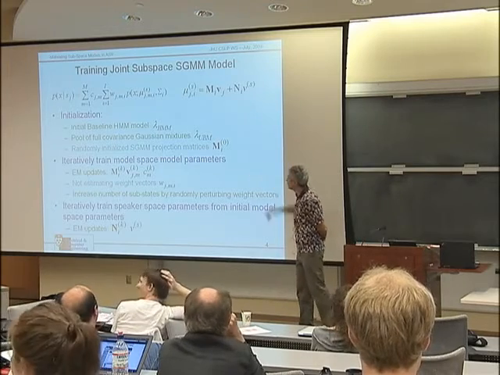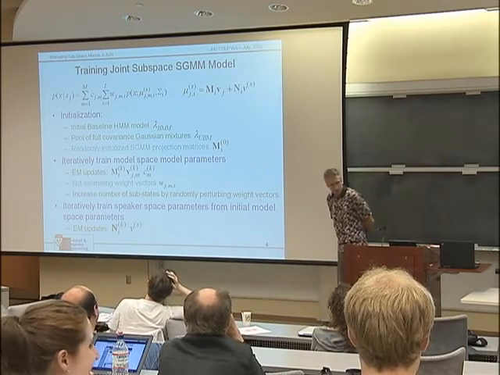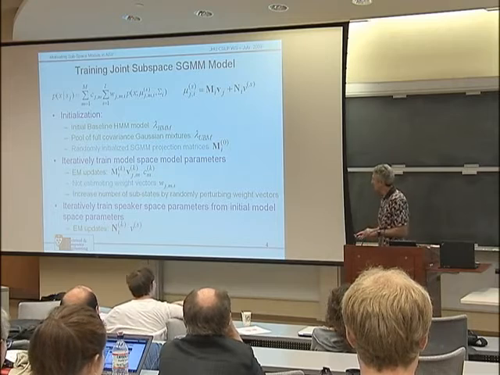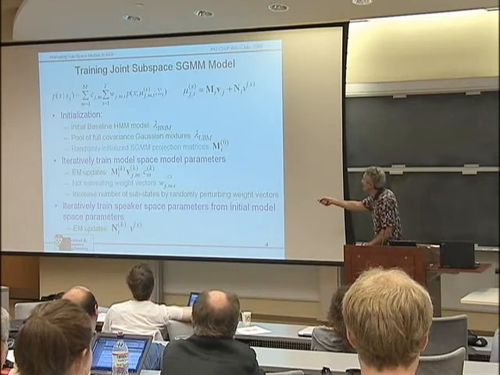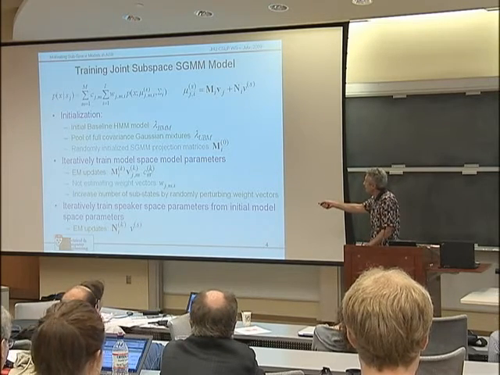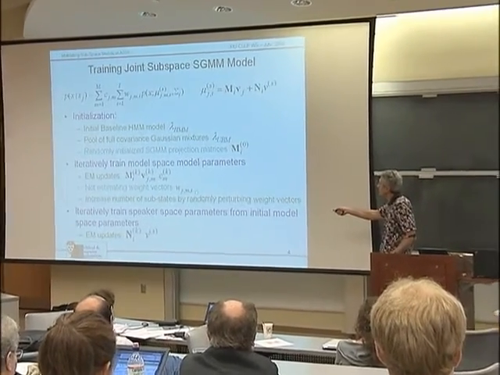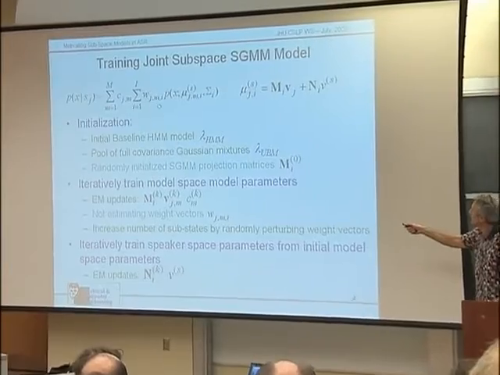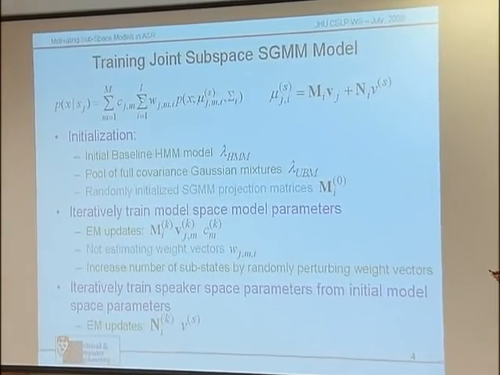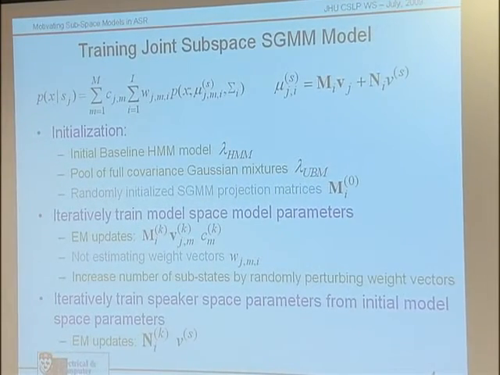So in all of these things we iterate on estimating the model space parameters. In our implementation, we're not estimating the weights here, and that's just an omission, something we didn't get around to.